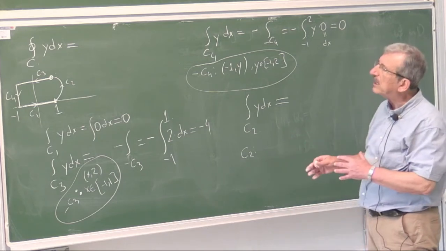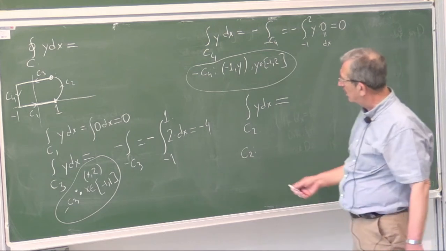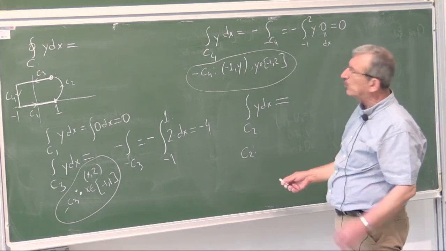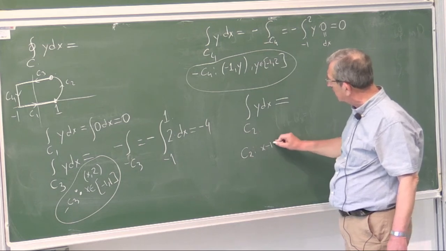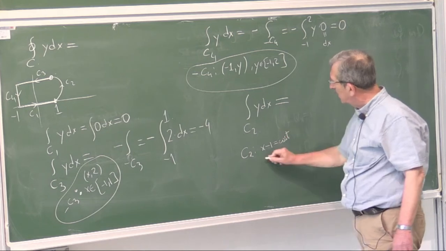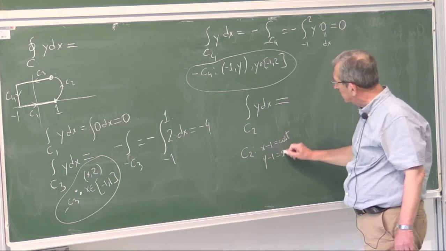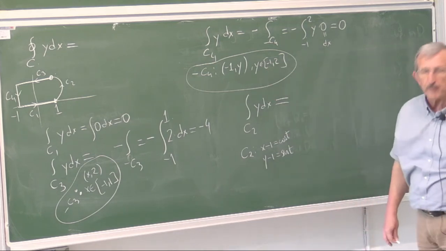Its center is at 1, 1. So, because its center is at 1, 1, we could use the following characterization. It's a unit circle, so x minus 1 is cosine t, and y minus 1 is sine t. Well, the sum of the squares is 1, as expected.